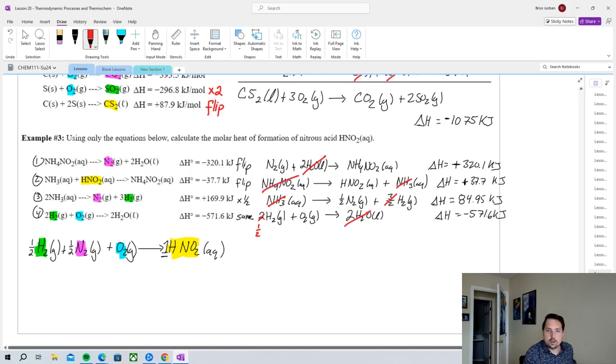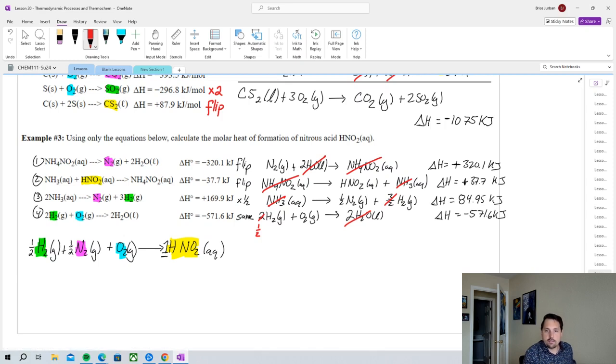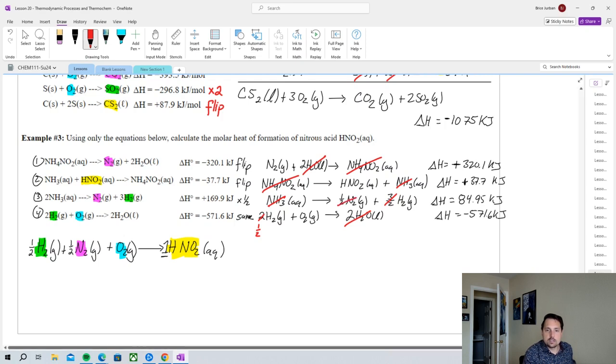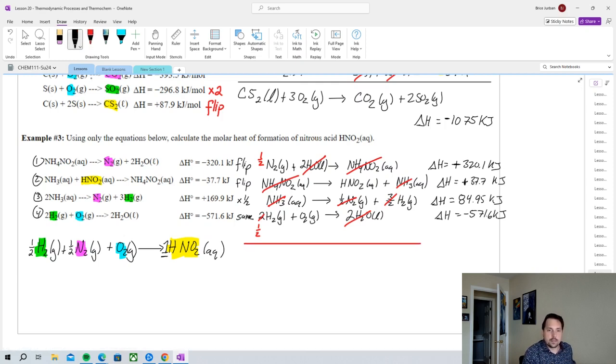And then the ammonium nitrites cancel. And then for the nitrogen, that's our last part. So we have 1/2 on the right side, and we have a full on the left side. So those cancel, and this gives us 1/2 then, which is exactly what we need for this chemical reaction.